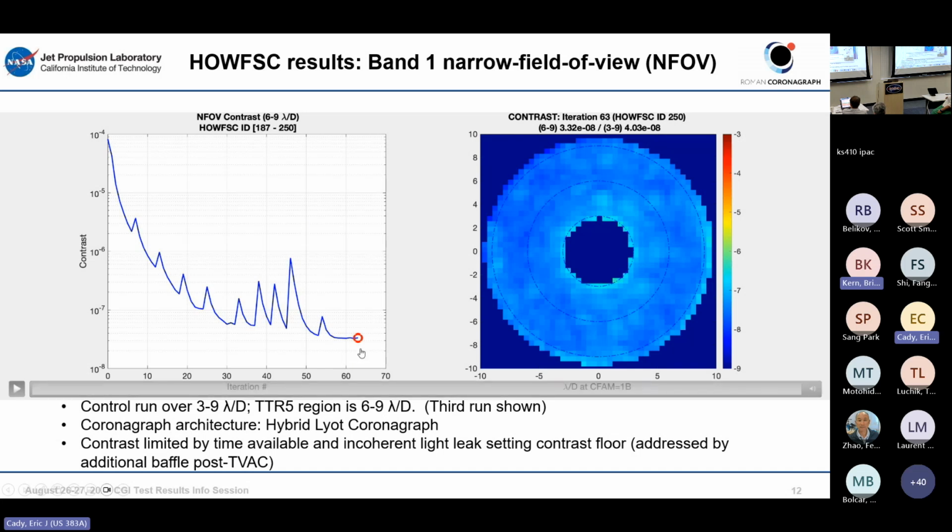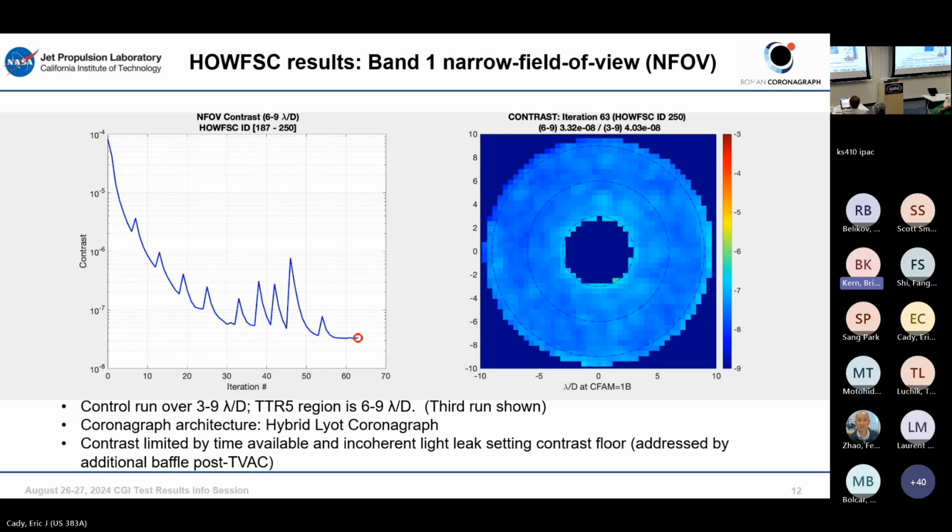But the takeaway is that these floors appear to be primarily the stray light one that we fixed, and the other one is a logistical issue. There doesn't seem to be an inherent floor that we found yet in the speckles here. So this represents a good performance. I don't think it necessarily represents the final performance that CGI is capable of in this mode.